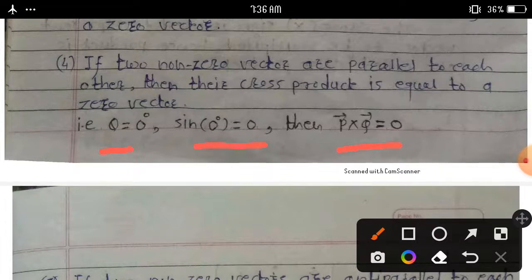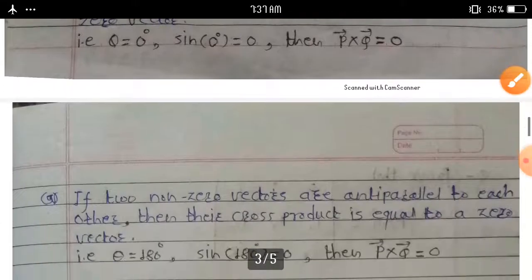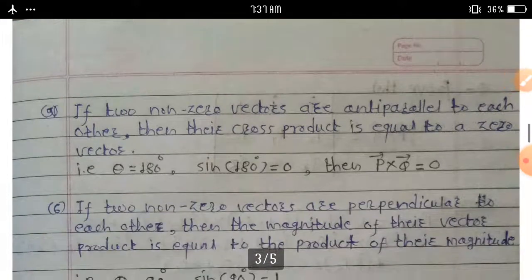Hence if both vectors are parallel to each other, then their cross product is equal to the zero vector. This is the fourth characteristic of the vector product of two vectors.